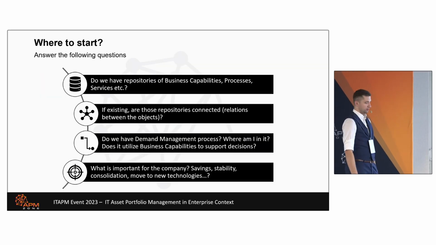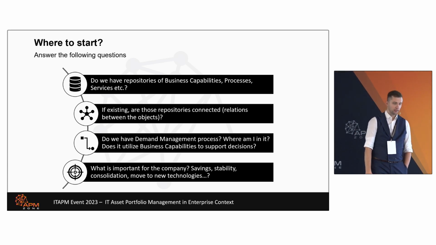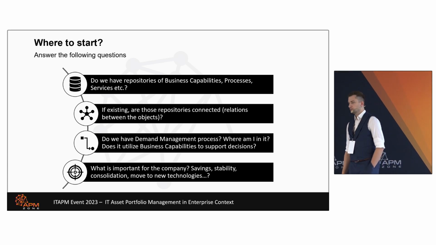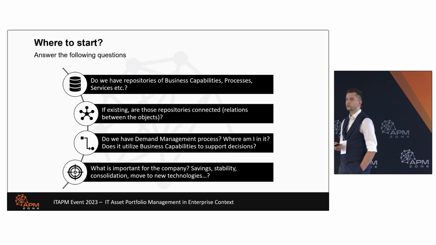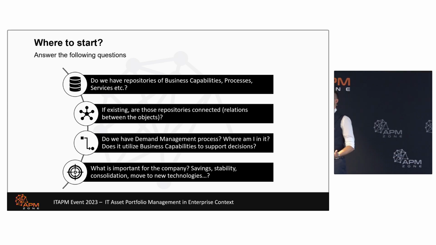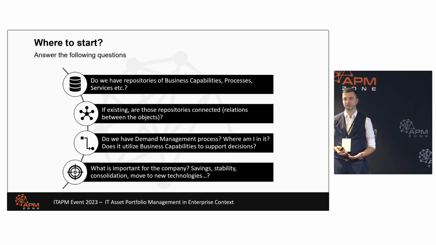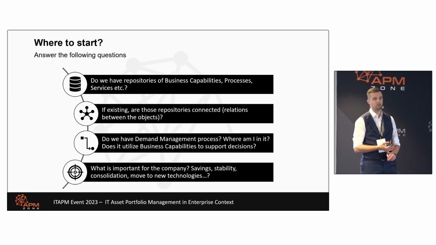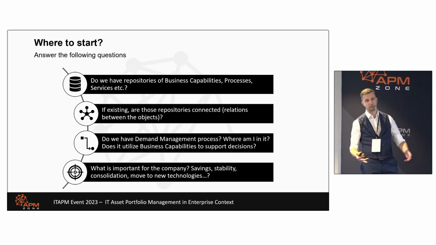So where to start with all of that? Answering a few questions in the beginning, so broadening this perspective. Do we have repositories that actually describe it? Because in a lot of cases people will say, of course we have processes, everyone has processes.